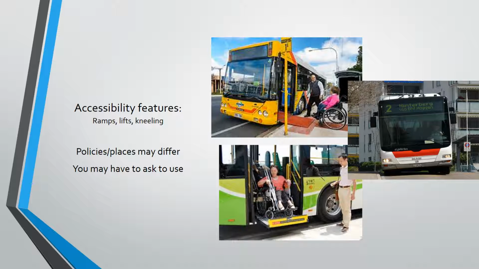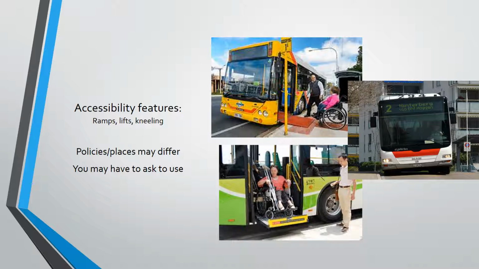They call that kneeling. It's a hydraulic type of thing, and the bus driver can push a button, and the bus actually lowers to the curb. So that helps people who have a hard time doing steps to step into the bus.